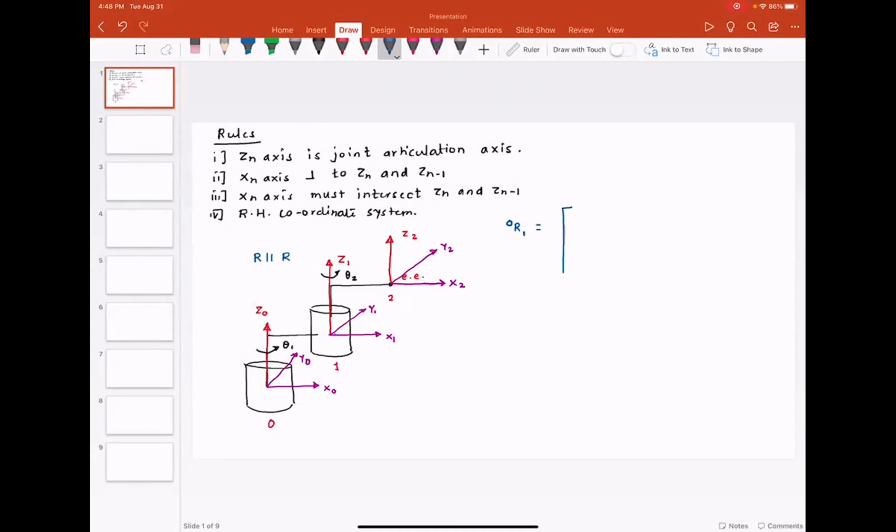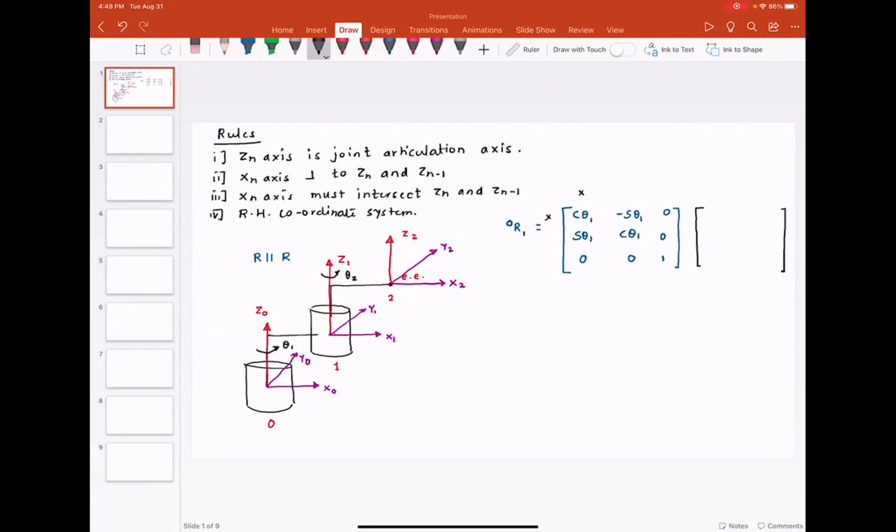This rotation matrix, remember, the only rotation matrix that we have to remember is this one. 0, 0, 0, 0, 1. What does this rotation matrix say? This is the projection of rotated frame onto the base frame.